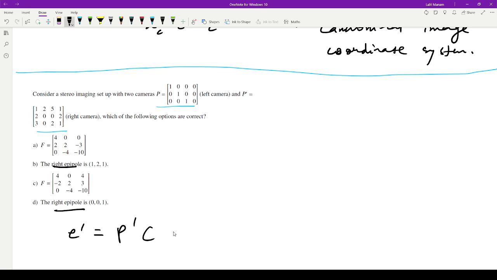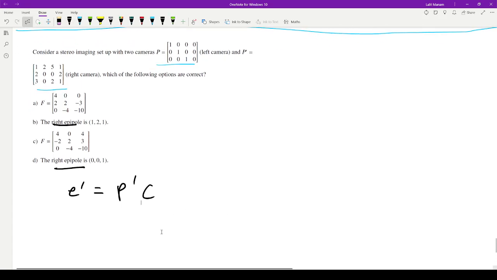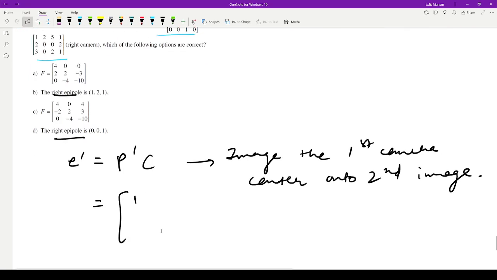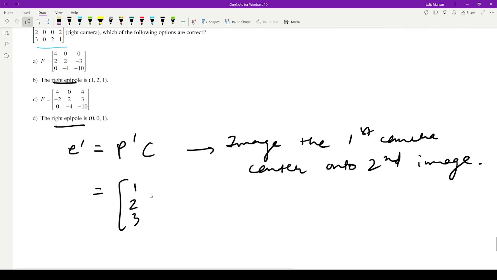We are just trying to image the center of the first camera onto the second image. So what is C? P is given to you, P prime, one, two, three.